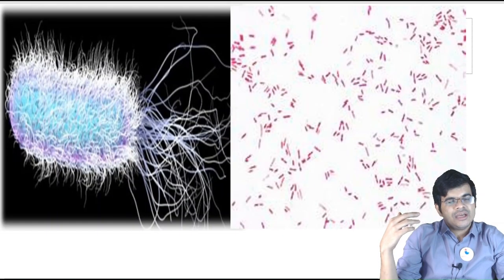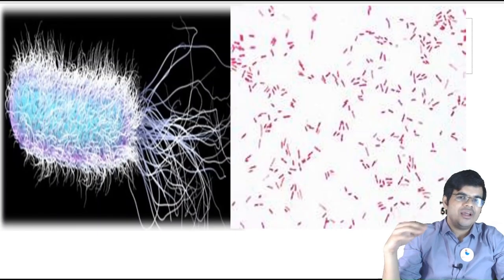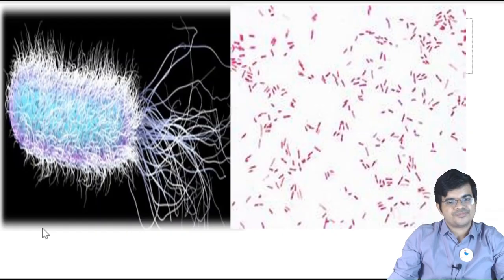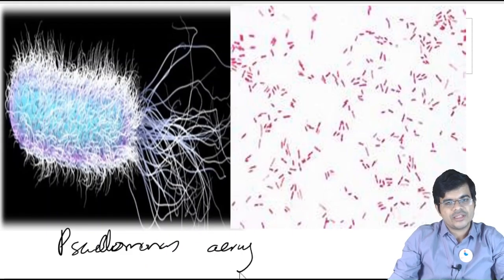Because it is actually causing skull base osteomyelitis. Unlike the osteomyelitis that we have learned in ortho, where the most common organism is Staphylococcus aureus, this skull base osteomyelitis is caused by Pseudomonas aeruginosa.